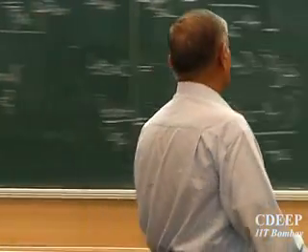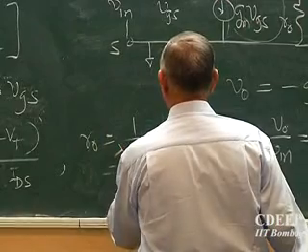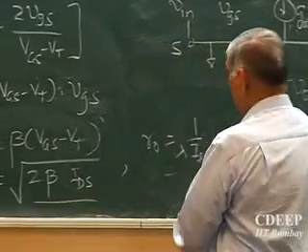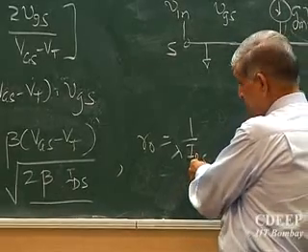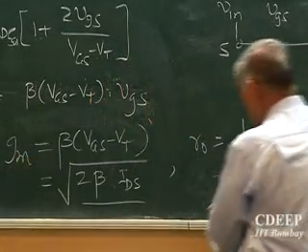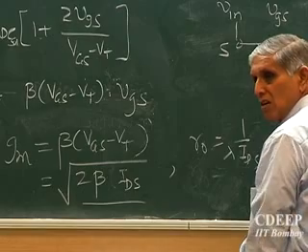Is that correct? Now the trick is something you can see from the two expressions which I wrote. We figured out if I increase IDS, I increase GM. But if I increase IDS, I decrease R0.